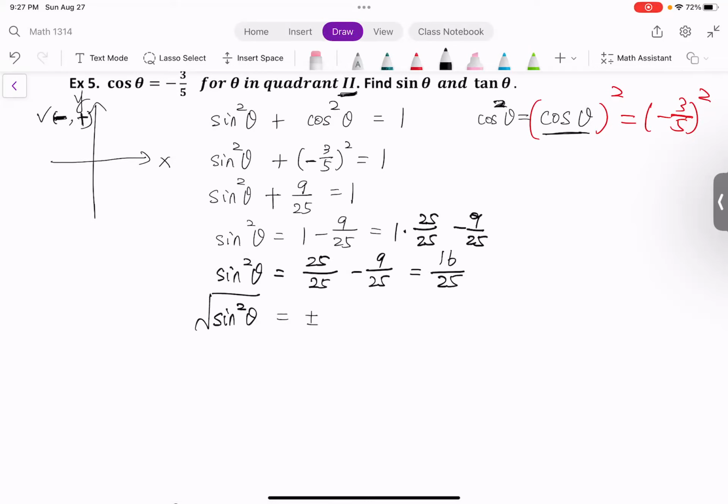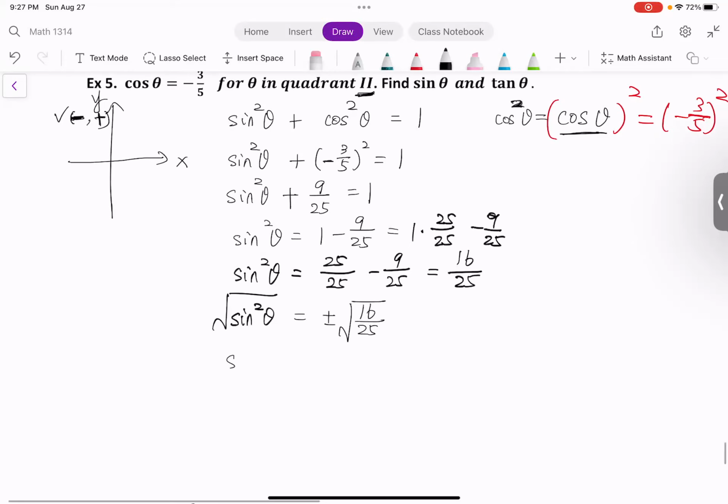When you take the square root of an unknown, I must have a positive or negative sign. So sine theta may equal positive or negative 4/5, because I know that to take the square root of a fraction, take the square root of the top one and the bottom one. Then you simplify that, you get 4/5.